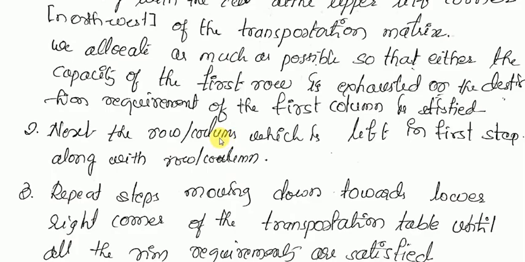In the same way, if it is satisfied, we go for the next northwest corner. Like that, one by one, the northwest corner is applied to calculate the cost of the matrix.